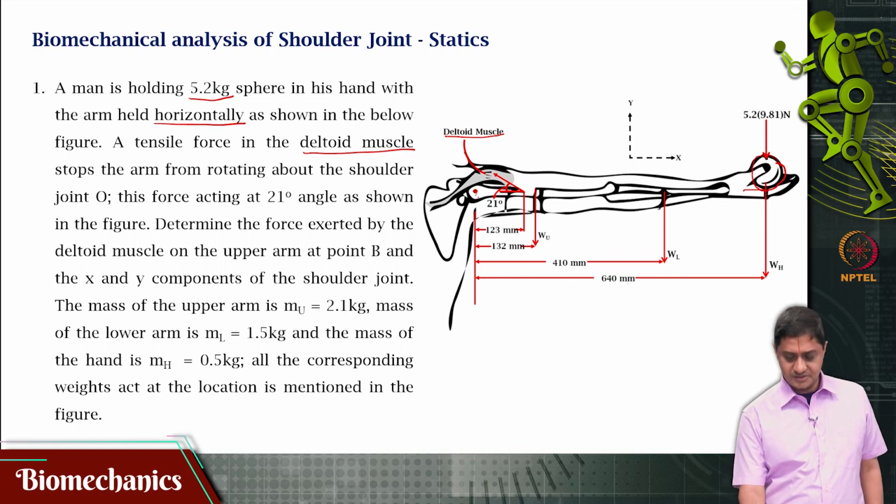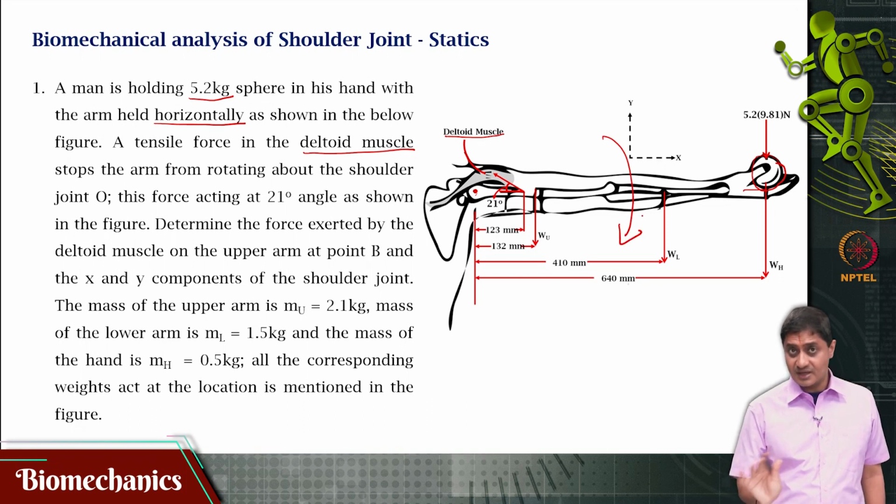This is the shoulder joint. If there was no force produced by the deltoid muscle, because of the mass of the upper arm, forearm, hand and the load in the hand, there is a tendency for the whole thing to rotate like this, but that does not happen.